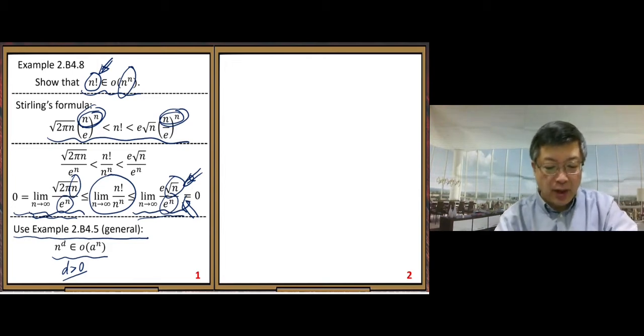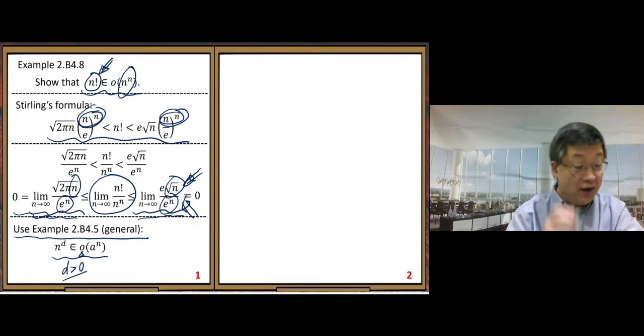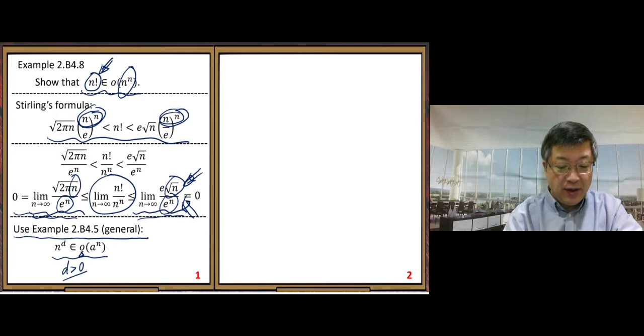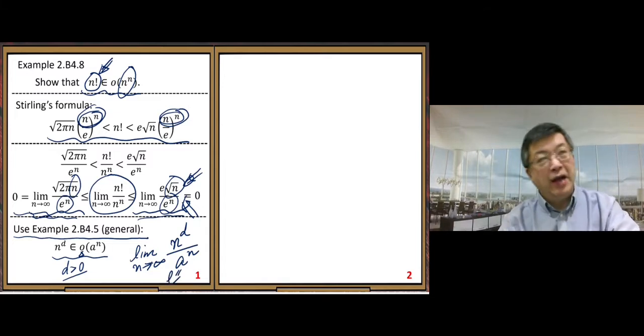All right. With this, because of the little o, that means the limit is 0, right? n to the d over a to the n. Here our a equals e, natural log base e.